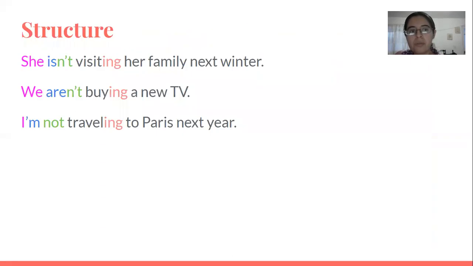With those examples, we can figure out the structure of the negative form. We have: she isn't visiting her family next winter, we aren't buying a new TV, and I'm not traveling to Paris next year. So let's think, what is the structure?